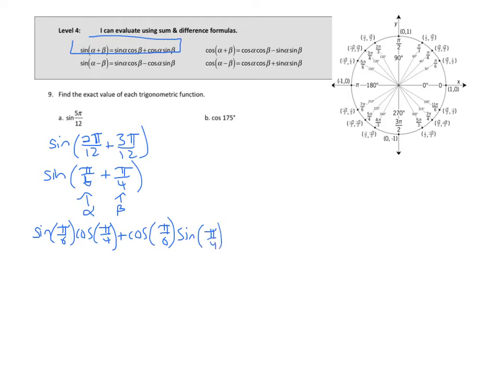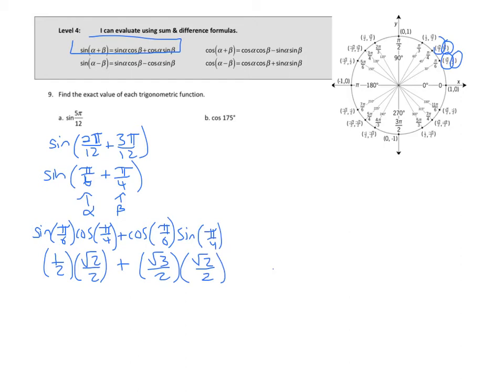And then I evaluate these. Sine of pi over 6 is 1/2. Cosine of pi over 4 is radical 2 over 2. Plus cosine of pi over 6, which is radical 3 over 2, times sine of pi over 4, which is root 2 over 2.